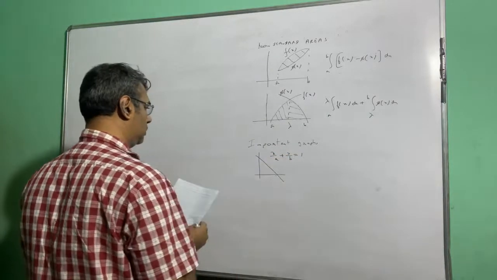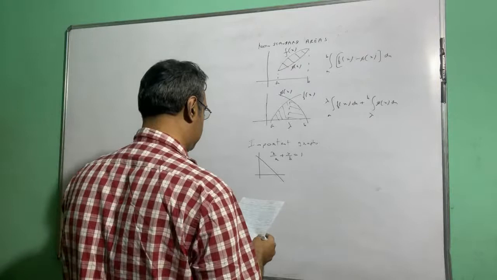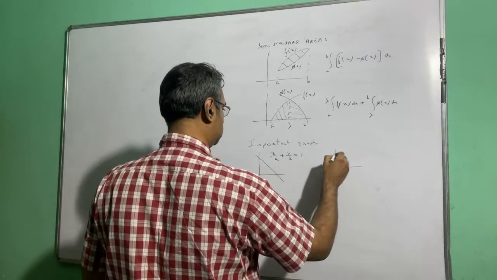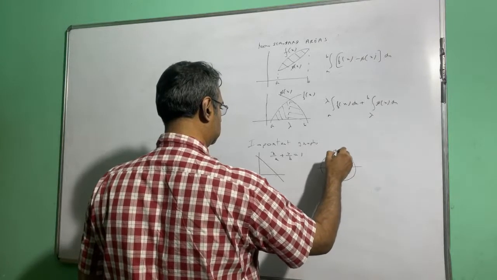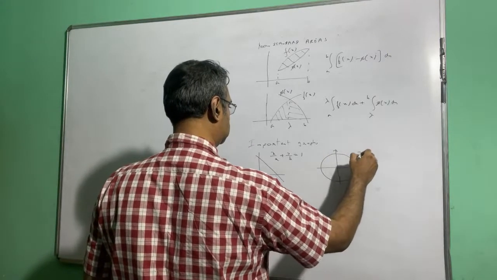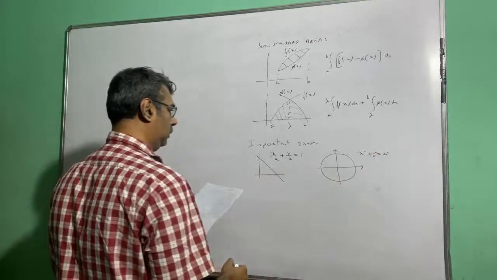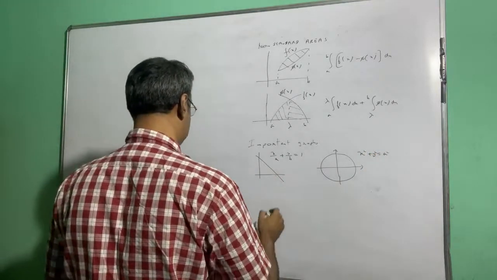So obviously the first one is the straight line graph x by a plus y by b equal to 1. Then x square plus y square equal to a square.